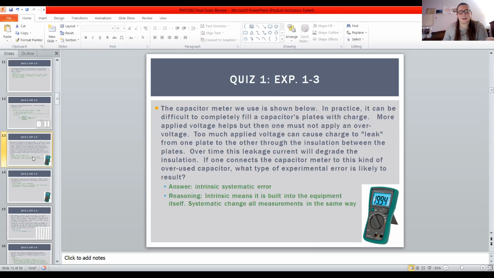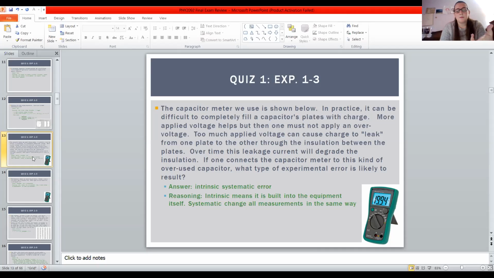Intrinsic random error would be built into the experiment, but it doesn't affect all of your measurements the same way. So let's say your experiment is measuring your heart rate. Well, I can just be sitting here doing nothing, and if I take my pulse right now and then wait a minute and take it again, it may not be the same.